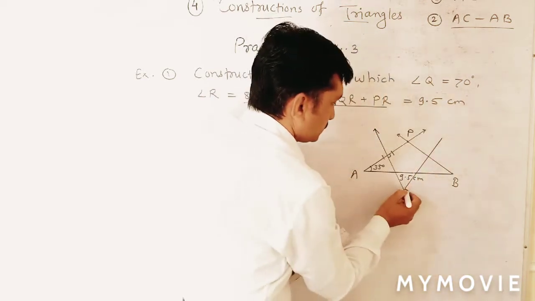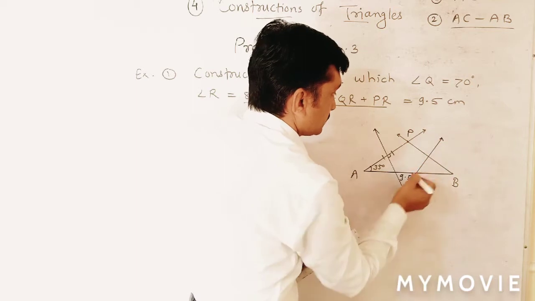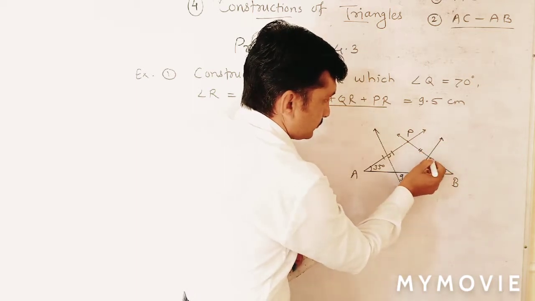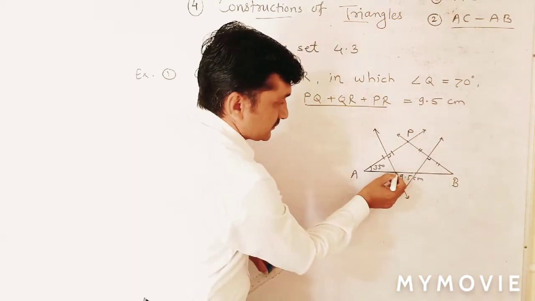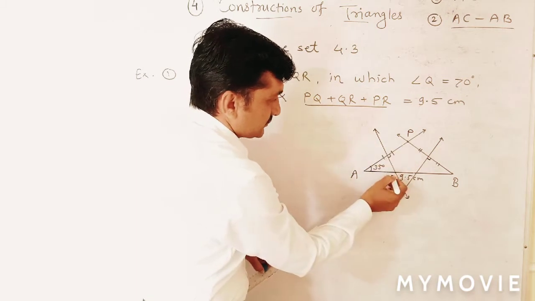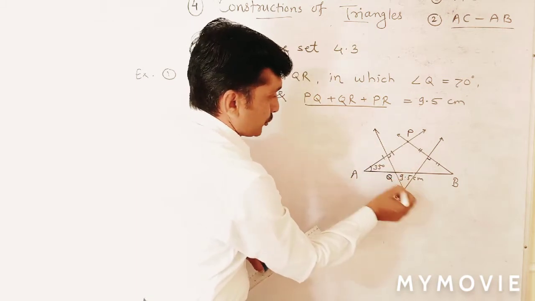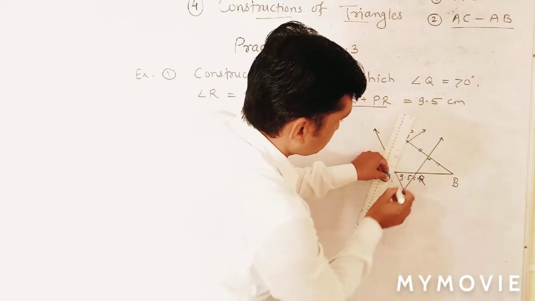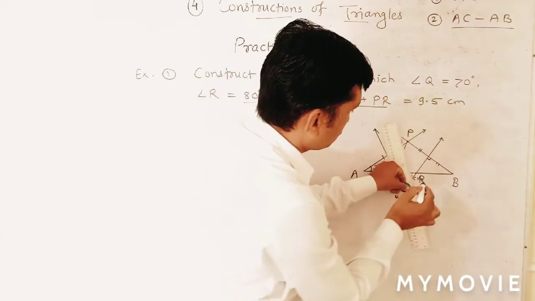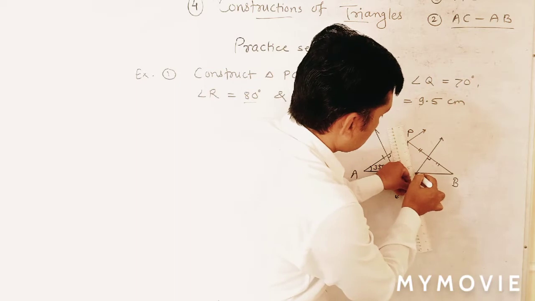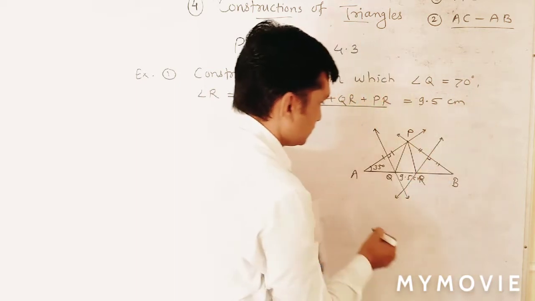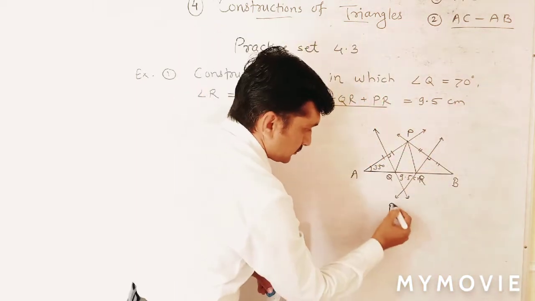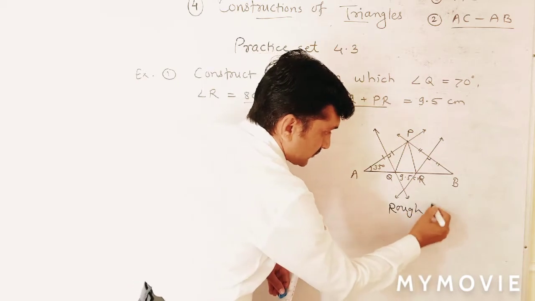The intersection point of these is here. This is point Q and this is point R. Then we will join them. And this is the triangle PQR, but this figure is rough.